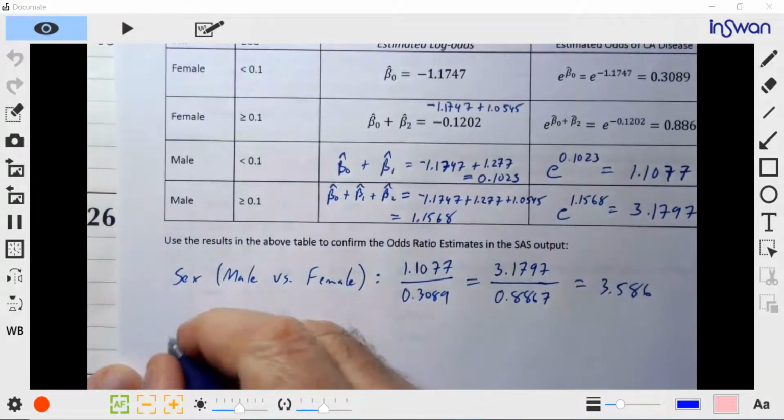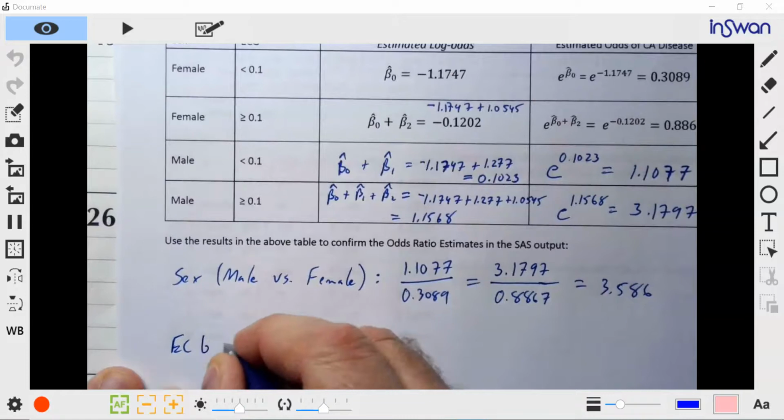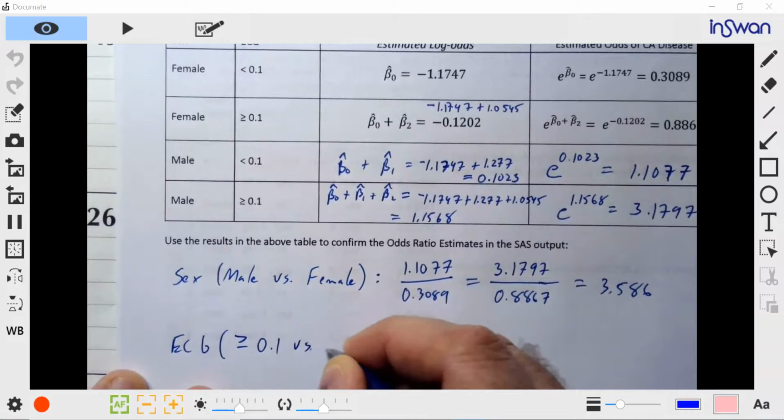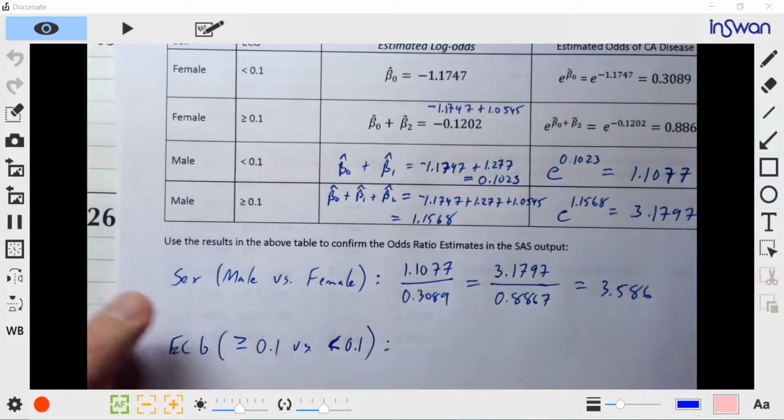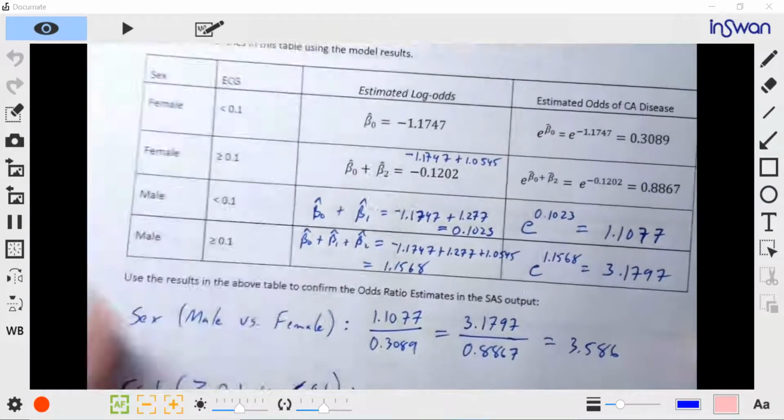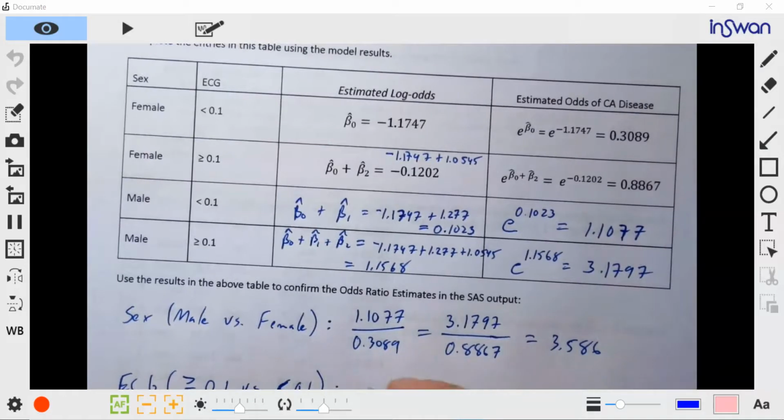Similarly, for ECG, I'm going to say greater than 0.1 versus less than 0.1. Again, we can look among either the males or among the females. So among the females, it was 0.8867 compared to 0.3089, which if we do that among the males, it would be 3.1797 over 1.1077.